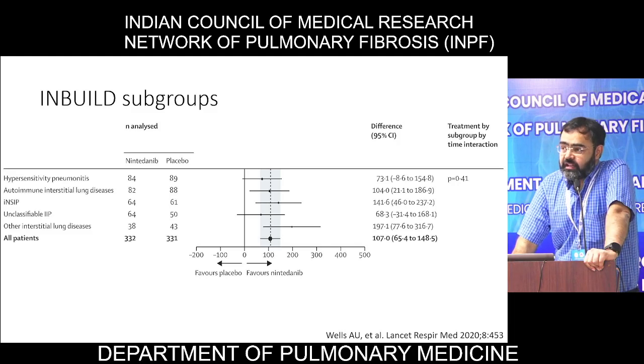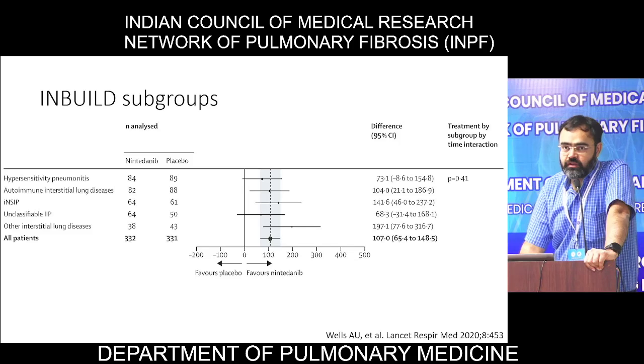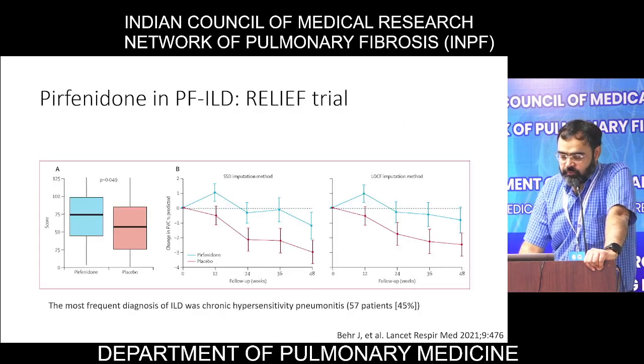So then they did a subgroup analysis, and they looked at just patients with different subgroups of underlying ILDs. So with hypersensitivity pneumonitis, the benefit was similar to the entire group. So there was no difference in the benefit caused by nintedanib in the entire group as compared to hypersensitivity pneumonitis. So we can extrapolate from this that nintedanib will work well even with fibrotic HP.